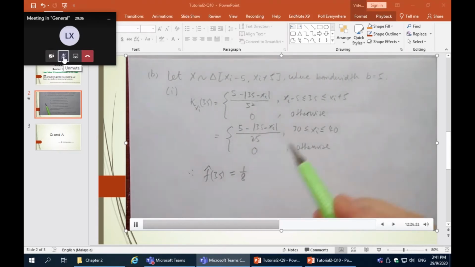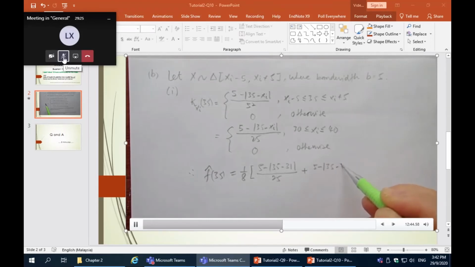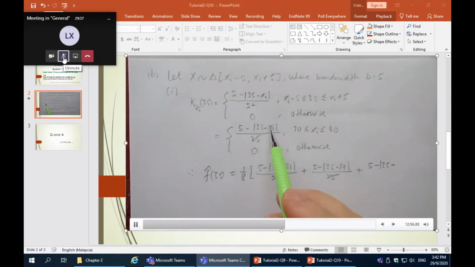So I will have 5 minus the modulus of 35 minus 31, divided by 25, and next the data 37: 5 minus the modulus of 35 minus 37, divided by 25, and the last data 39: I will take 5 minus the modulus of 35 minus 39, and then divide by 25. So I will have 0.025.